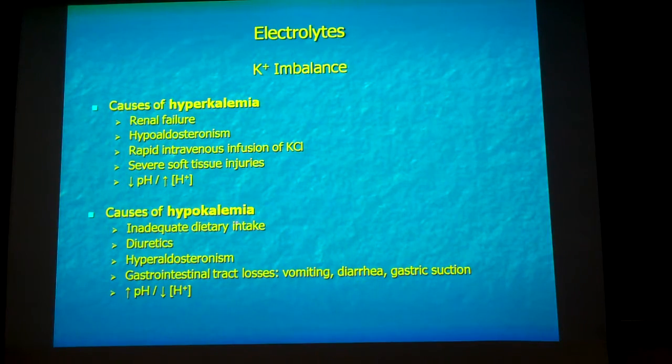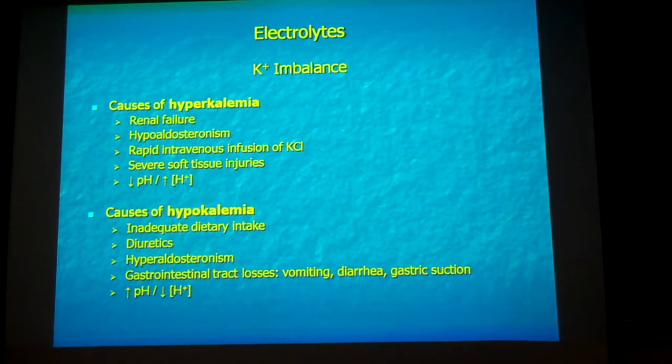Here are some causes of hypokalemia. Obviously, if you don't have enough in your diet. Diuretics will do it. People who are treated for congestive heart failure, say with some preparation of digitalis and a diuretic, will typically be given a potassium supplement of some kind.